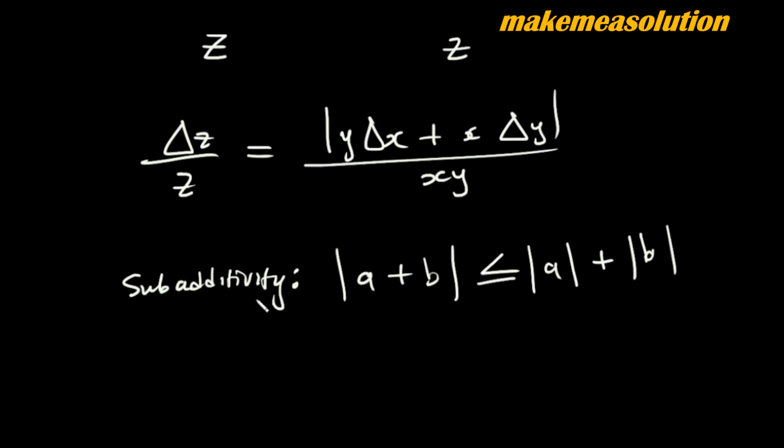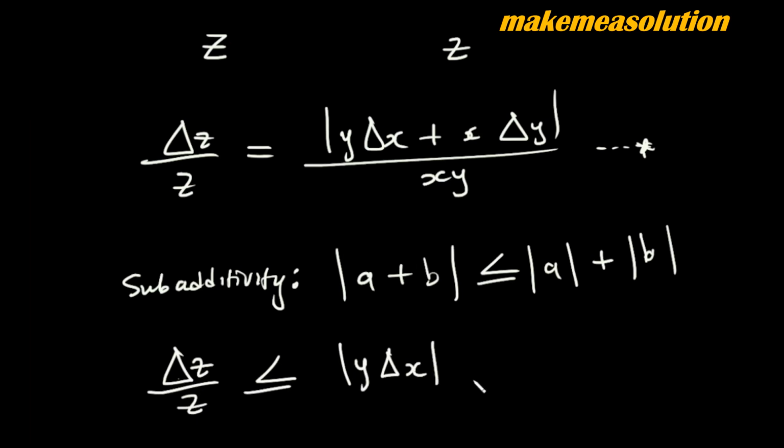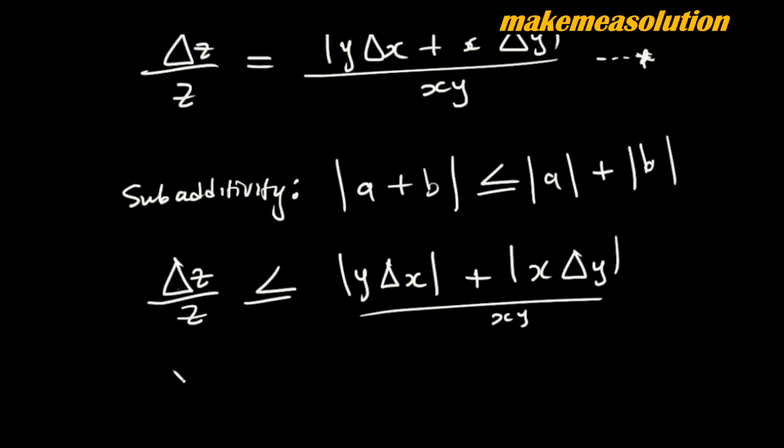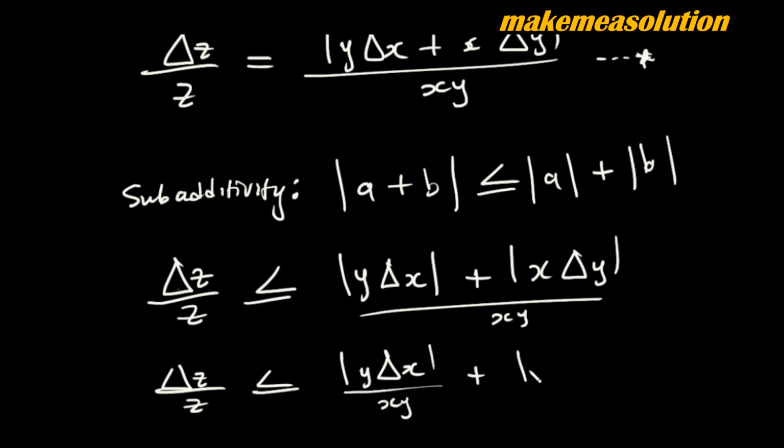I'm going to apply this subadditivity to the numerator of this equation over here, and I'm going to get that delta z over z is less than or equal to the modulus of y delta x plus the modulus of x delta y, all over xy. So if I distribute the denominator, delta z over z is less than or equal to y delta x over xy plus x delta y over xy.